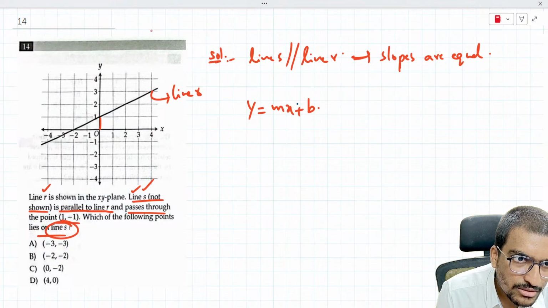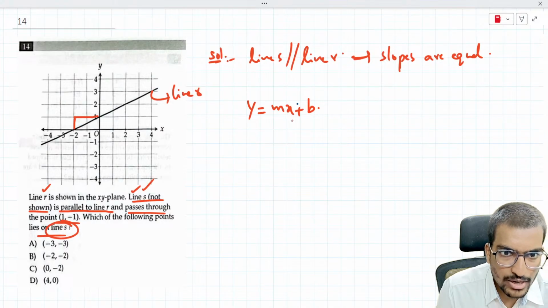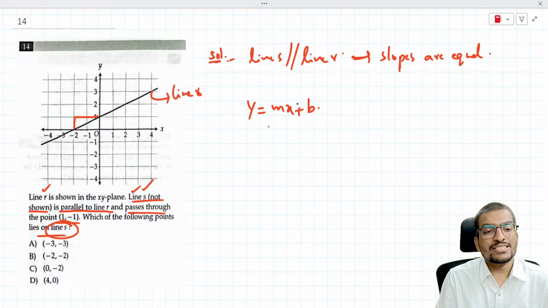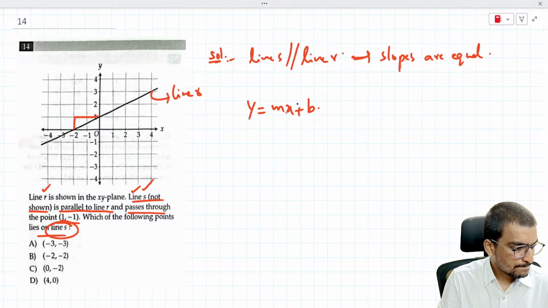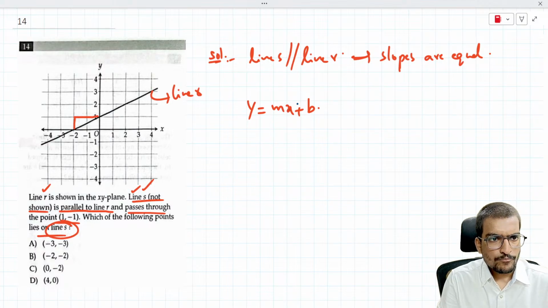Rise is 1, run is 2, so it is 1 by 2. And what is the y-intercept?